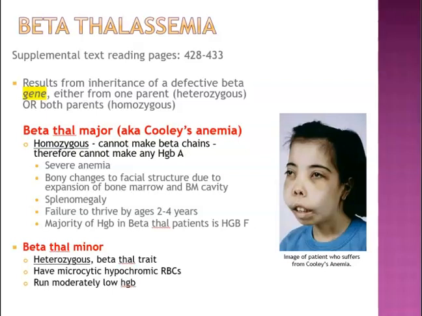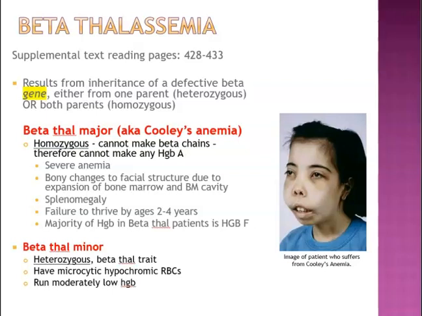You cannot make beta chains, so therefore we cannot make the hemoglobin A that we need. And it results in things like severe anemia, bony changes to the facial structure due to expansion of the bone marrow and the bone marrow cavity, splenomegaly, which we've already mentioned is an enlarged spleen, and failure to thrive by the ages of 2 to 4 years.